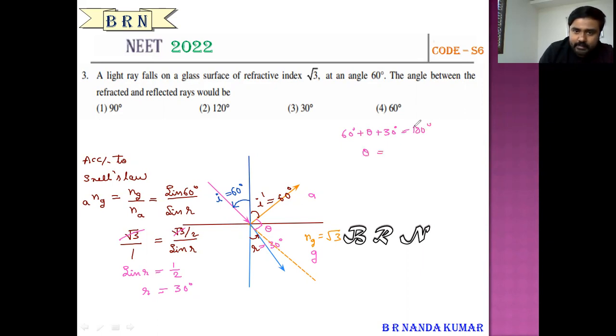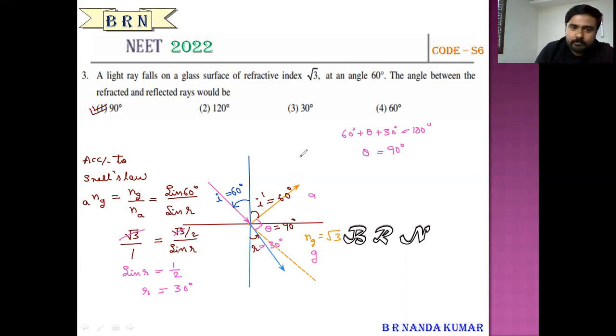So theta is equal to 180 degree minus (60 plus 30), that is 90. 180 minus 90 is 90. So the angle between reflected ray and refracted ray is exactly equal to 90 degree. So the right answer is option 1.